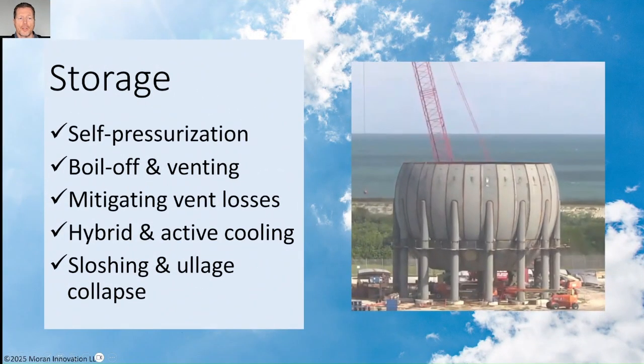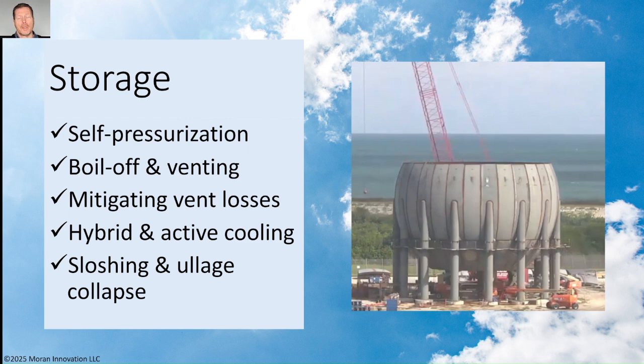In the storage section, we're going to talk about self-pressurization, which is always occurring in a tank that isn't being actively cooled. And then we'll talk about boil-off and venting, which is basically the method by which the pressure rises in the tank, and then one of the mitigation strategies to keep that pressure below its maximum. And then we'll talk more importantly about how you mitigate those venting losses or completely prevent them.